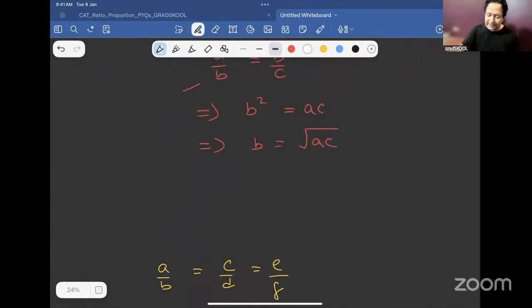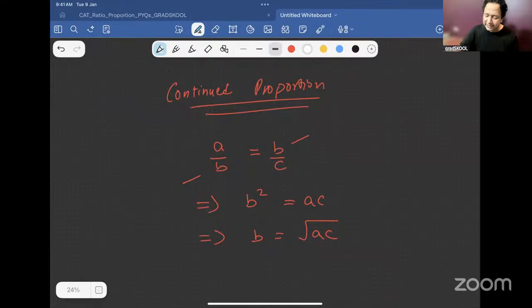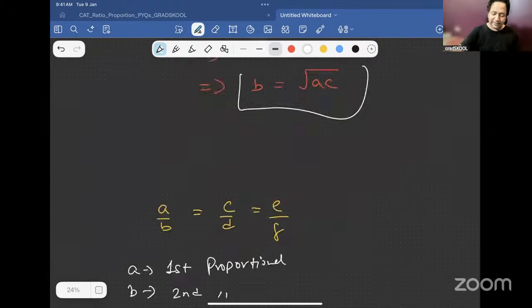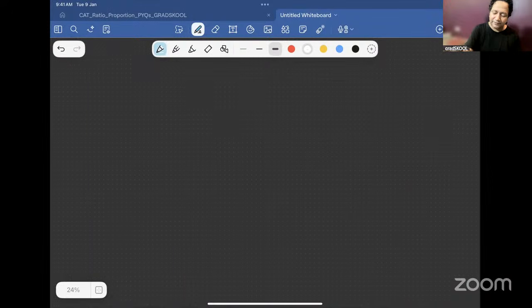Okay, this is what proportions basically means. But in the case of continued proportion, what exactly happens? The second proportional, which is B in this case, becomes the square root of product of the first and the third proportional. Understood? So second proportional is the square root of the product of the first and the third proportional. In the similar fashion, let's say I have something like this.